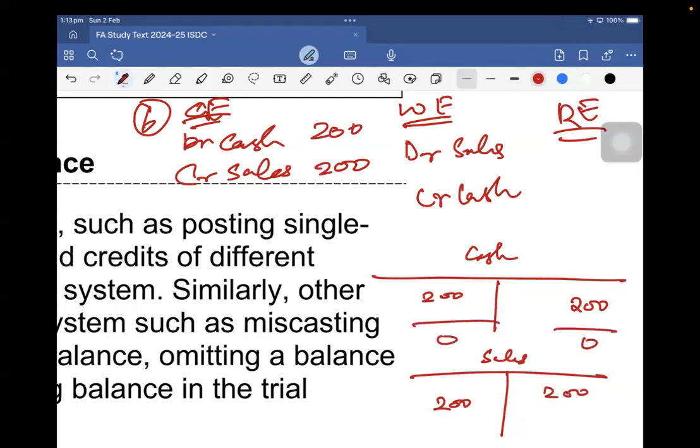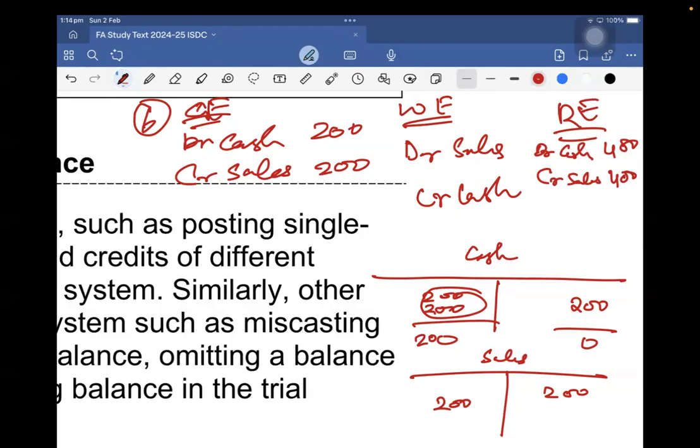But it shouldn't be so. So in order to do that, you're going to double the amount. Clear? So debit cash and credit sales, you're going to double the amount. Always and always remember, if you took it on the wrong side, always double the amount. Understood?